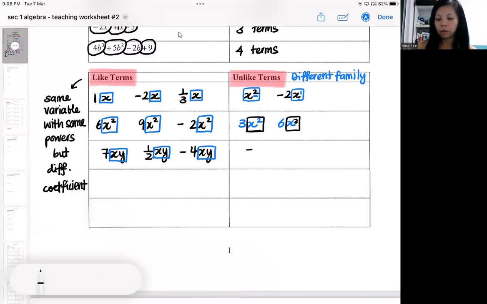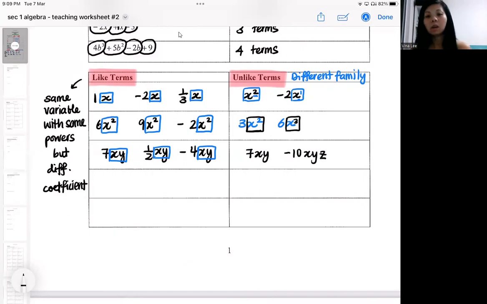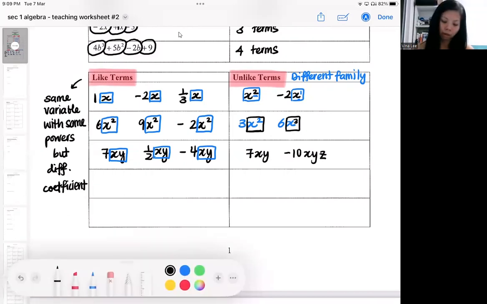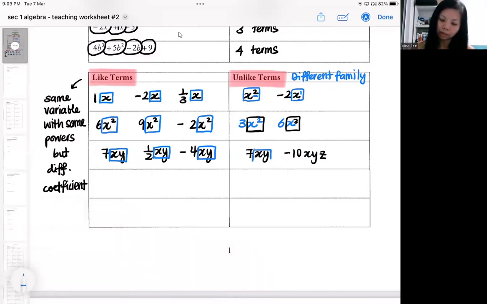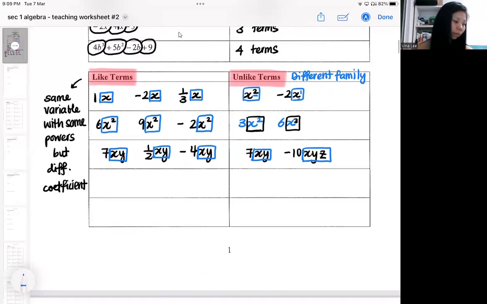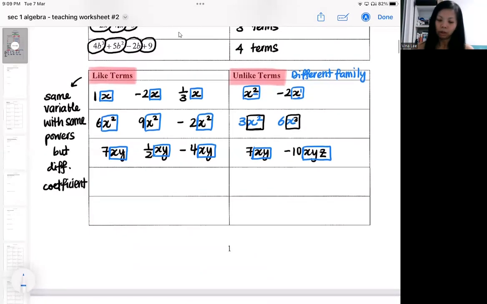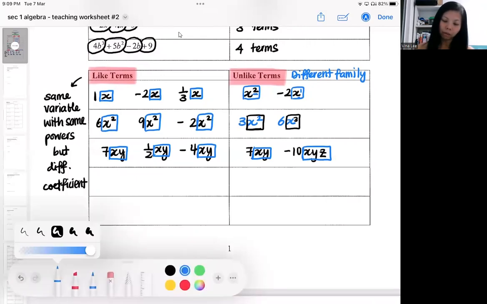If I give you 7xy versus minus 10xyz, they are not the same, because this one is xy and this one is xyz, with an extra letter there. So they are considered different families. Okay, so be careful.